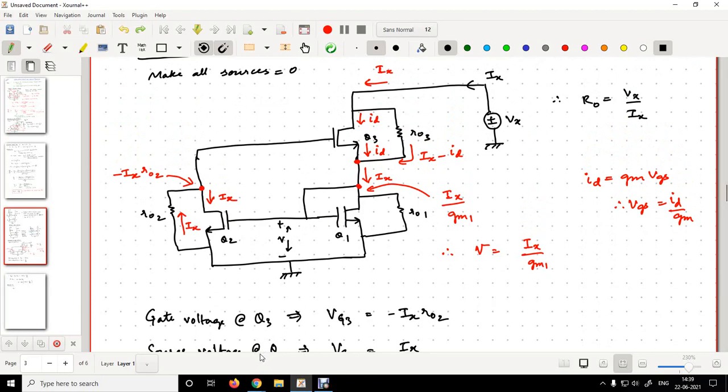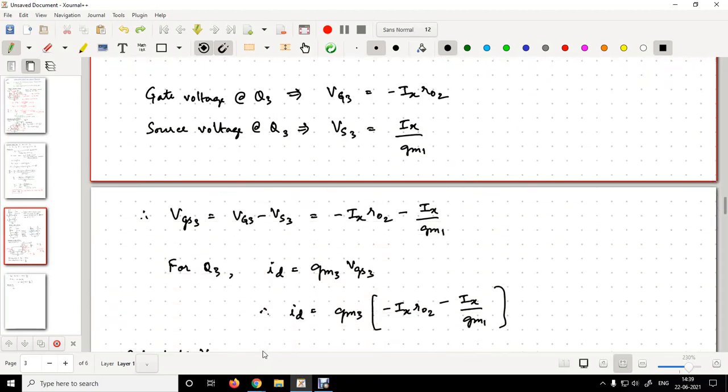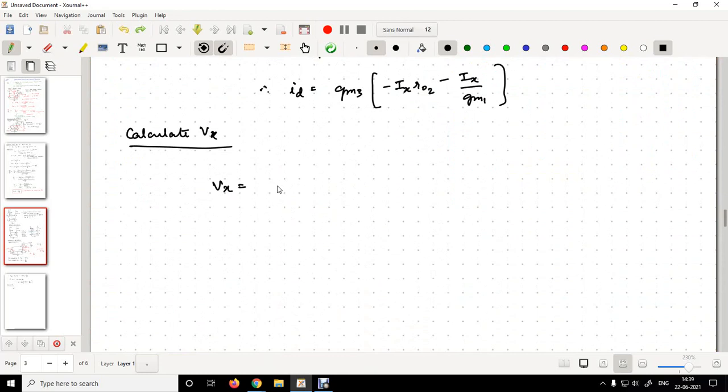Same thing what we did last time, right? So Vx is equal to VR03 plus V. VR03 here is the voltage drop across R03.